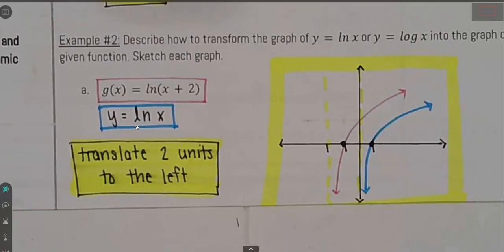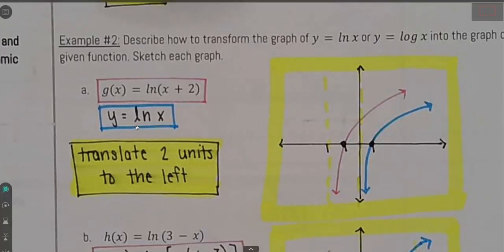So when you're graphing things by hand, it's generally a good idea to make sure the asymptotes and the intercepts are in the correct place. The rest of the graph, especially by hand, if it's a little bit off, it's okay. But asymptotes and intercepts, you're going to want to make sure those are accurate.